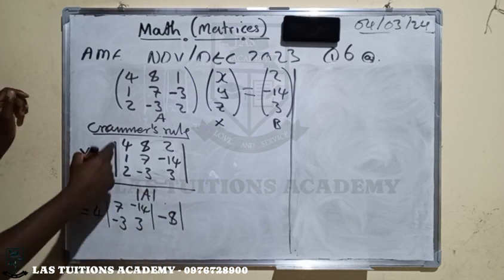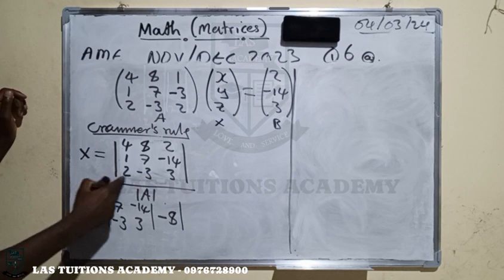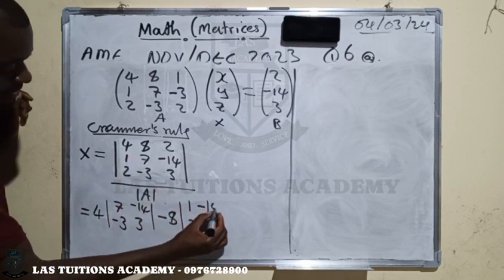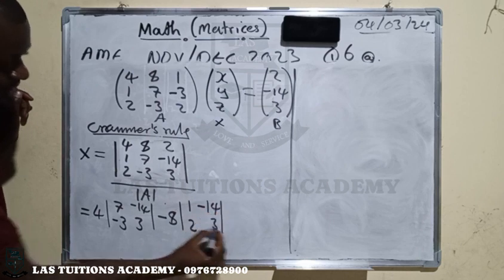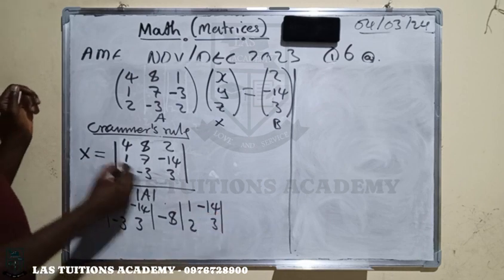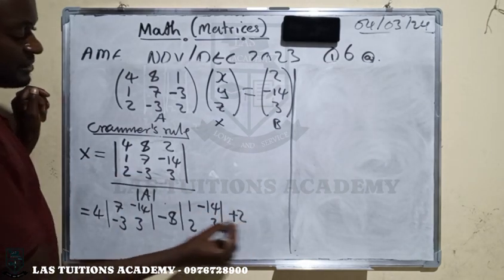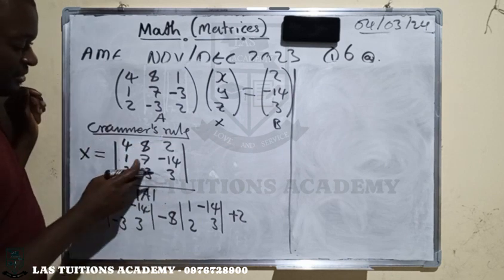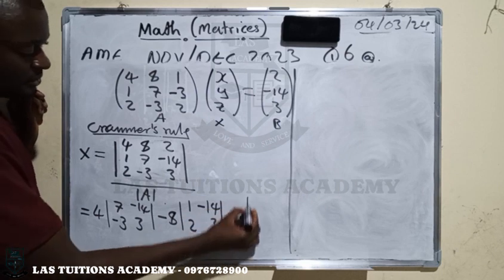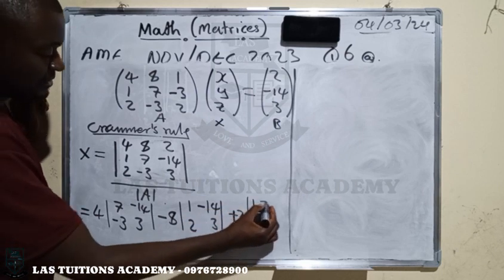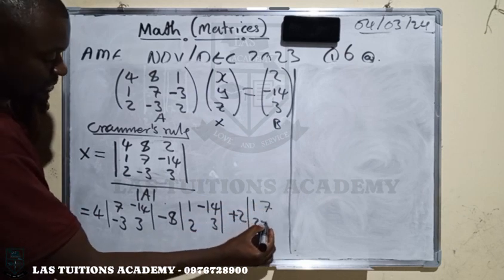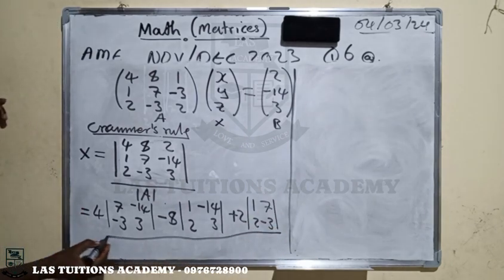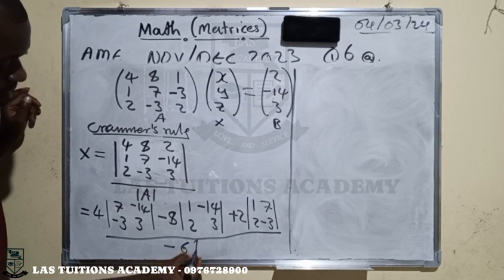We lock this, we lock that, so we have these numbers as free numbers, negative 14, 3. Finally, the position sign here is plus. There's a 2 there, so we remain with 1, 7, 2, negative 3. We now divide all this by negative 61.